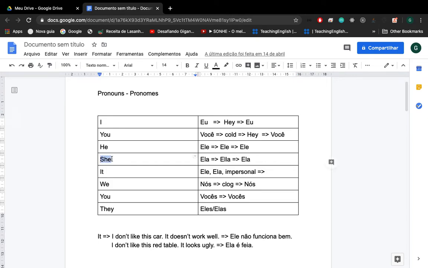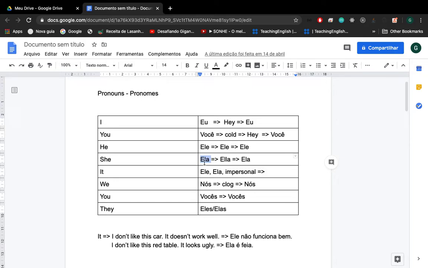Let's move on to the pronoun she. We use she to refer to someone in the third person who is of the female gender. So she in Portuguese is ela.